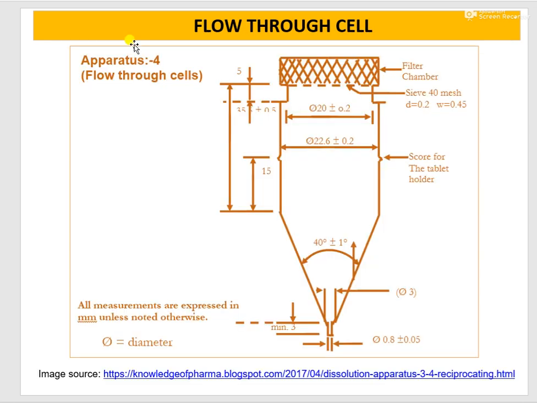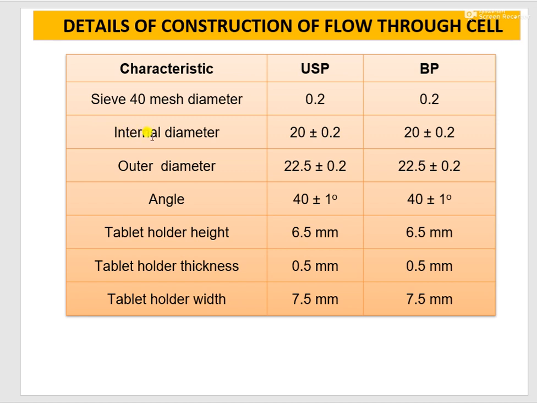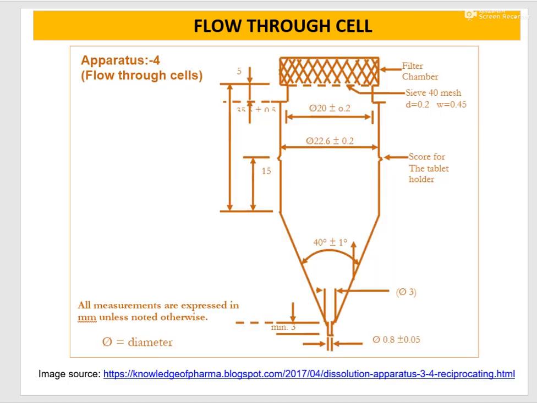So this is CU, and CU size is diameter 0.2. Internal diameter is 20 millimeter. This is the internal diameter of cell, 20 millimeter.